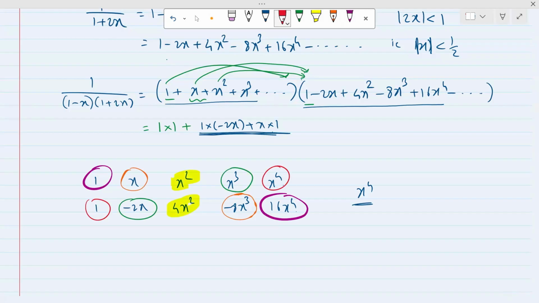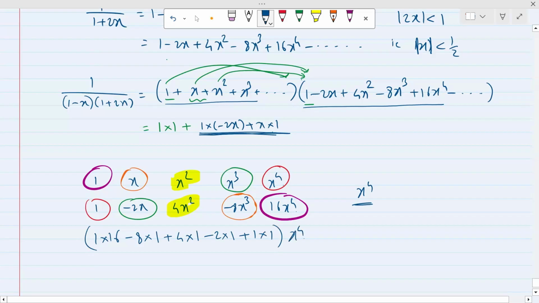So what is the coefficient of x raised to 4 now? 1 into 16, minus 8 into 1, plus 4 into 1, minus 2 into 1, plus 1 into 1. That is the coefficient of x raised to 4.